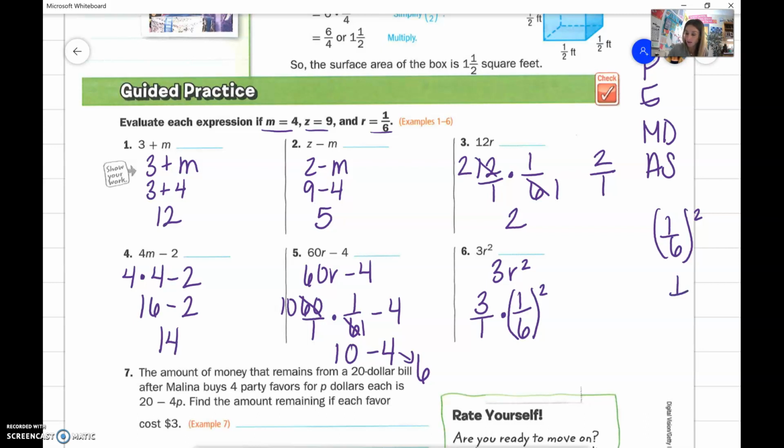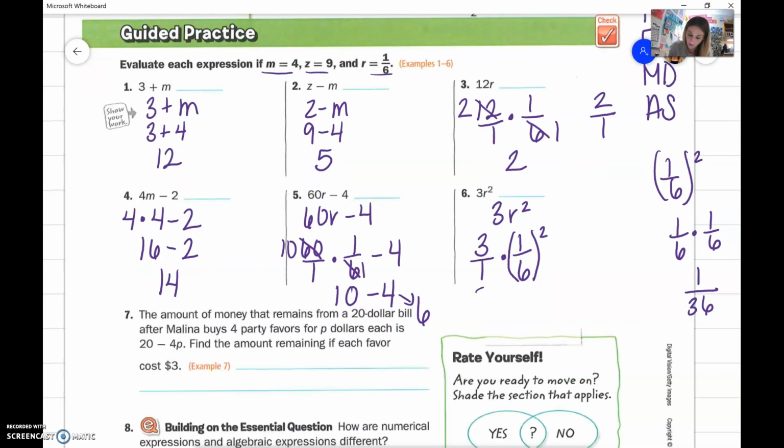I'm going to do that over here since I'm running out of space down below. 1/6 times 1/6: 6 times 6 is 36. So now I have 3 over 1 times 1 over 36. Can I cross simplify?